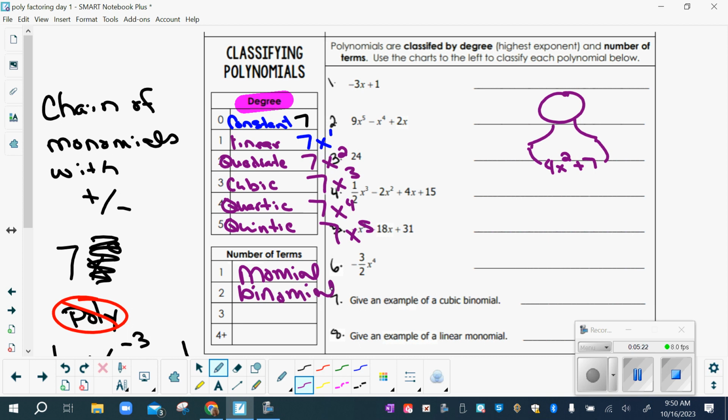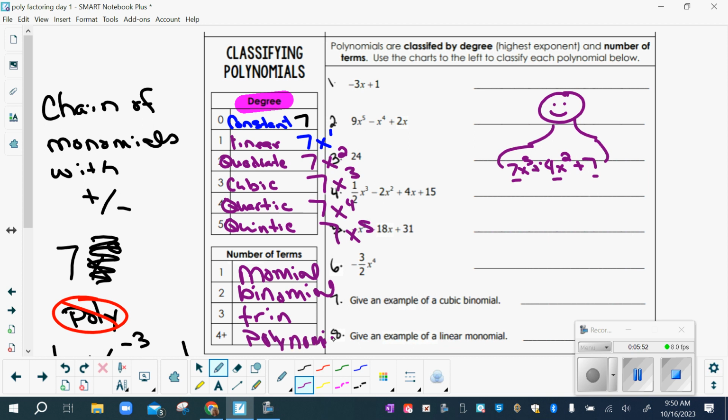If someone loves you and they get you an even prettier necklace, and it's got 3, like 7x to the 3rd, it's got 3 of them, doesn't even matter. This could be to the 10th, 1, 2, 3. It's called a trinomial. And then we get tired of doing this. And anything else, if it's got 4 parts or 5 parts or 10 parts, we're like, screw it. We're just going to call it a polynomial.